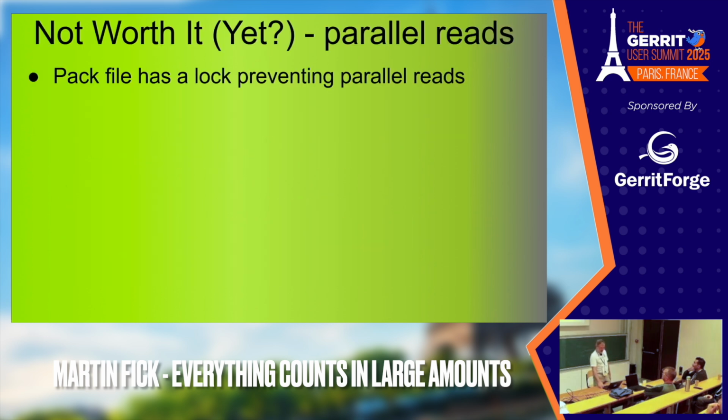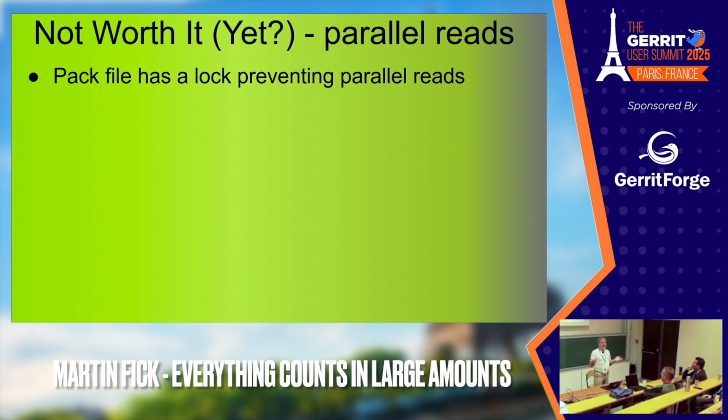Some setbacks, some things that I've tried that really didn't pay off yet for me. They may pay off for you, so it may depend on having the right use cases. I tried introducing parallel reads. When your block cache is not full, if you have a whole bunch of threads that are reading, why not allow them to read from the same file at once?